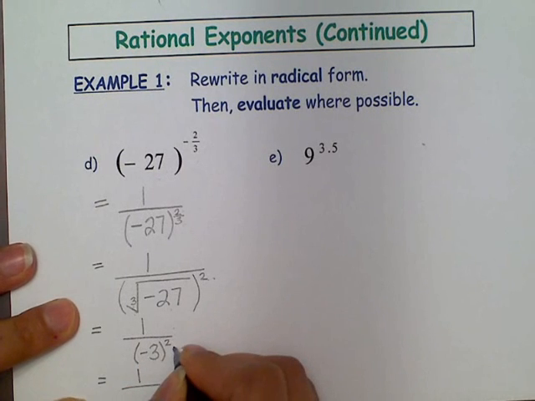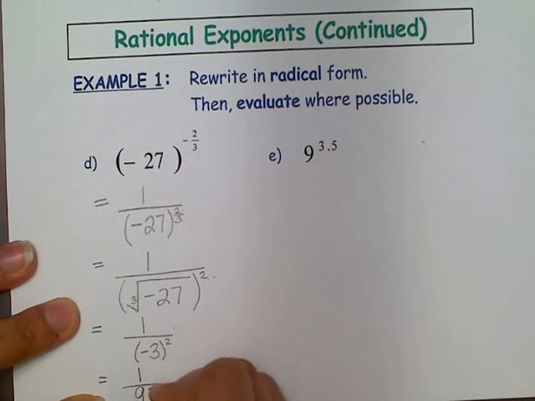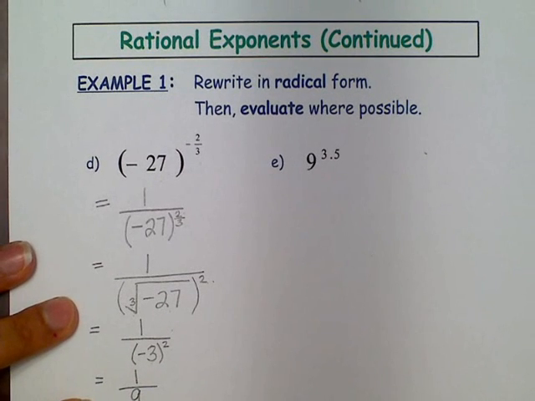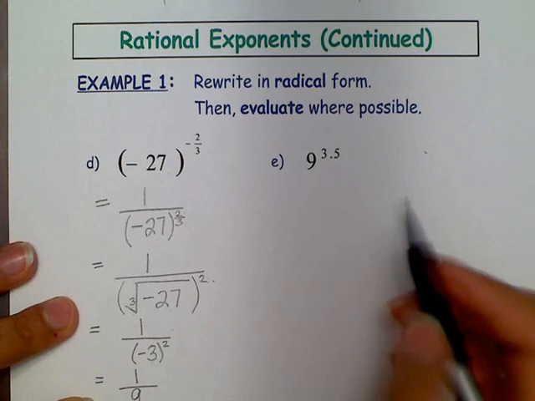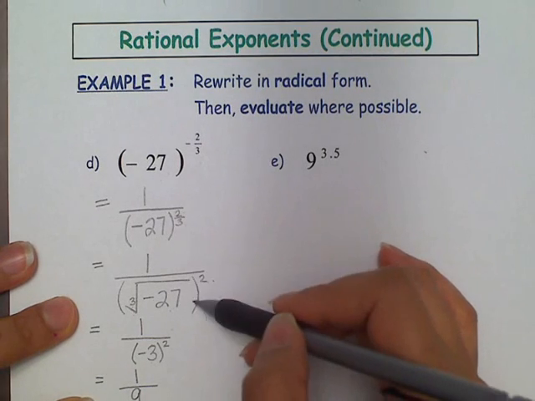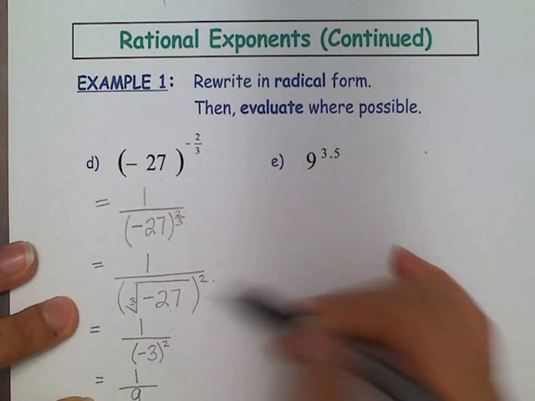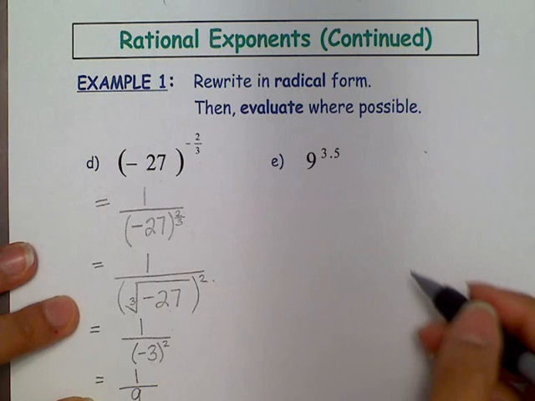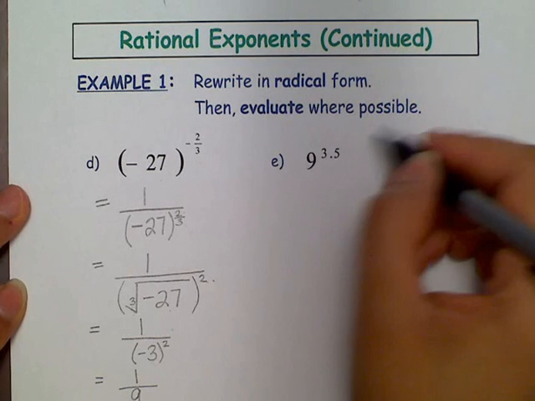And so the numerator is still happy the way it is. Negative 3 to the exponent 2 is equal to 9. So I get 1 over 9. Okay, in these rational exponents, you're not allowed to write these as decimals. You will need to leave them in fraction form. So that's why it's important to make sure you write it in ways where it's easy to either calculate or easy to actually check your work.